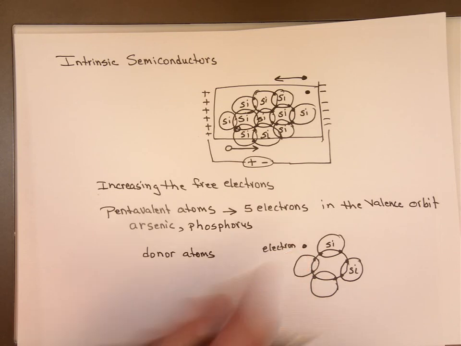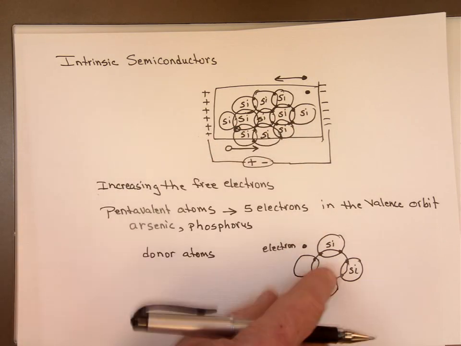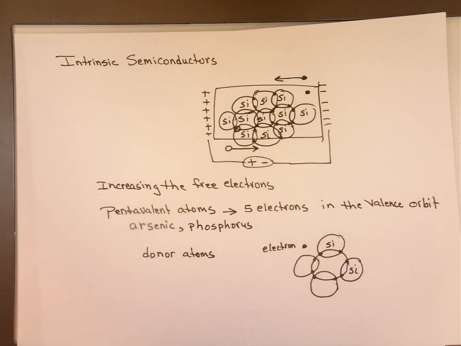And so the company who is actually making the crystal for us, the manufacturer, controls the conductivity of doped semiconductors. They can control how many of these atoms to add there. The more impurity that we add to it, the greater the conductivity.